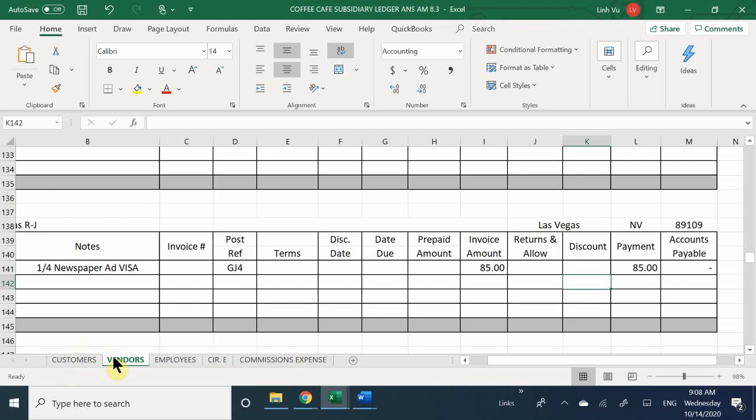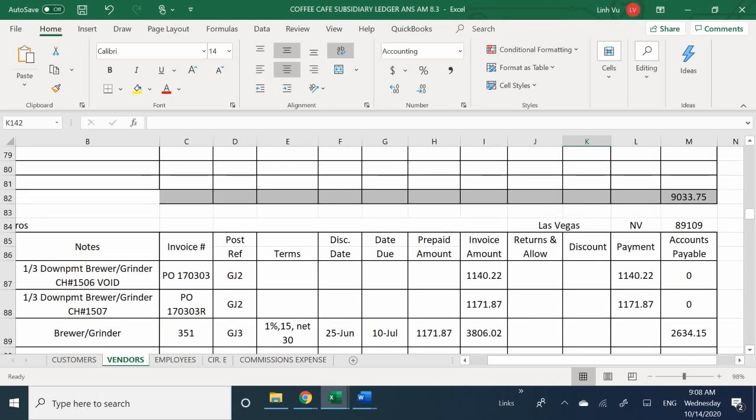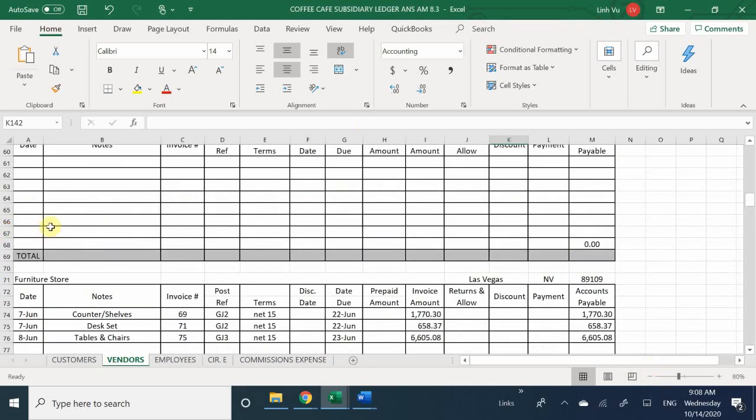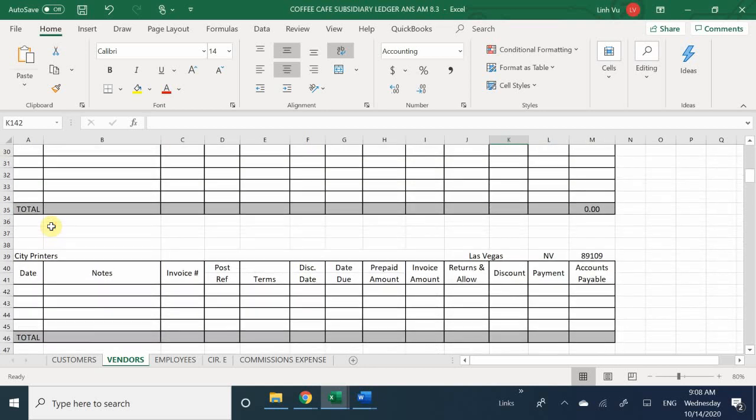So let's take it back real quick and place our piece of information in the city printers. Going back to my advertising expense, I'm going to find my vendor for city printers. Okay, so city printers is going to be here.